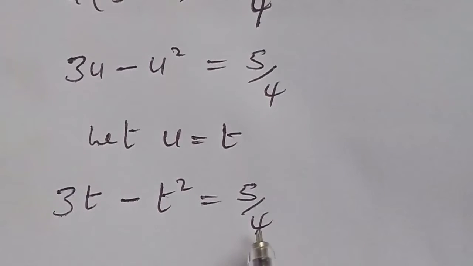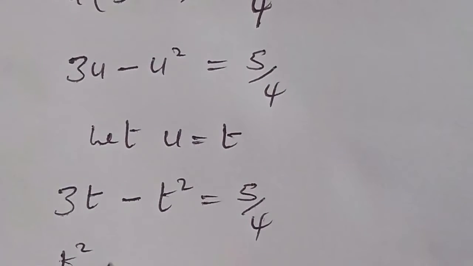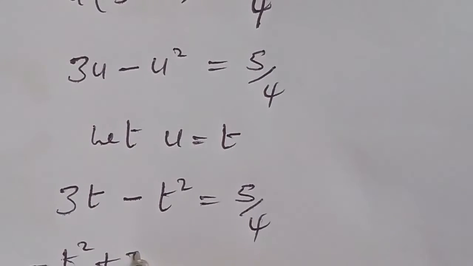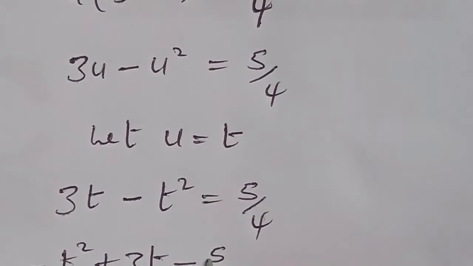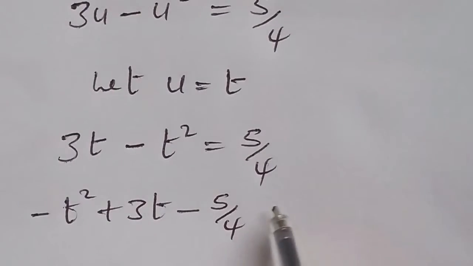Now from here, we move this part to the left hand side to equate everything to 0. So we have minus t squared plus 3t, then minus 5 over 4 equal to 0.